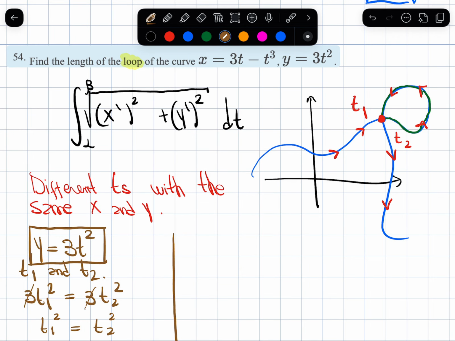So if you look at x, again, I need t1 and t2. But now I know t1 equals negative t2. So instead of using them, I'm going to use t and negative t.